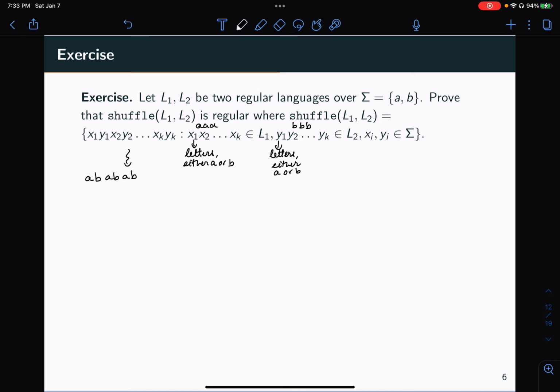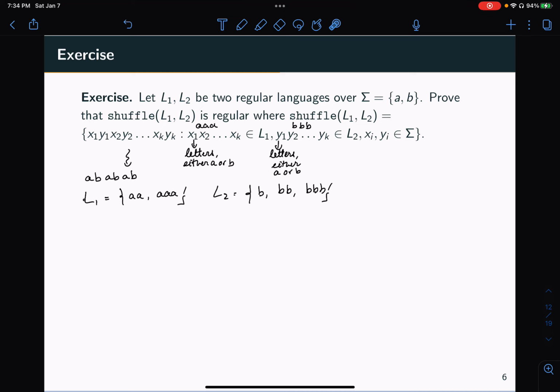Now, can we perhaps generalize this to actually look at two languages? So let's say I have the language L1, which contains, let's say, AA and AAA, and I have the language L2, which contains the strings B, BB, and then BBB.